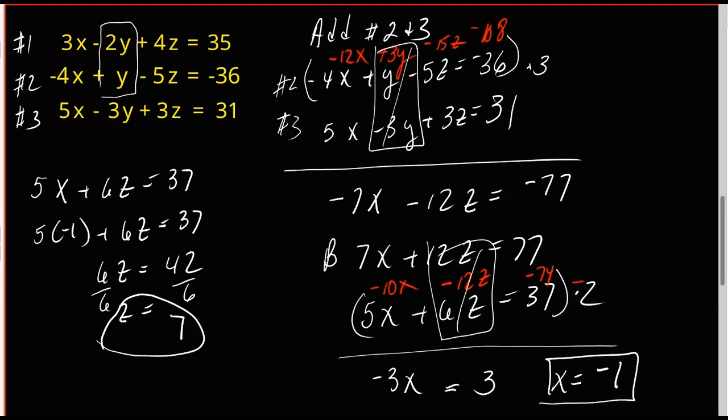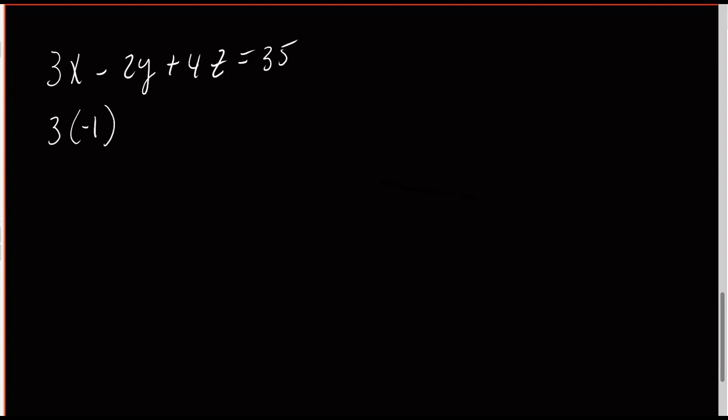Now we have x and z. So let's just take one of our top equations and substitute it in. My first equation was 3x minus 2y plus 4z equals 35. I know that my x is negative 1, so 3 times negative 1.